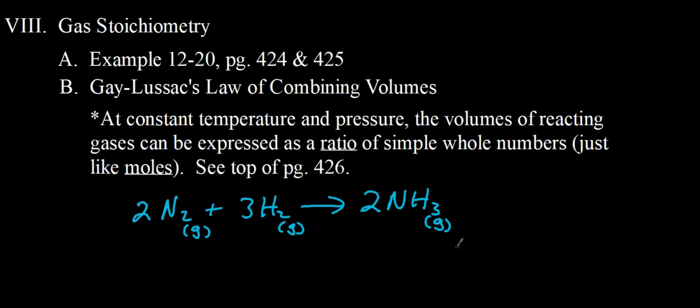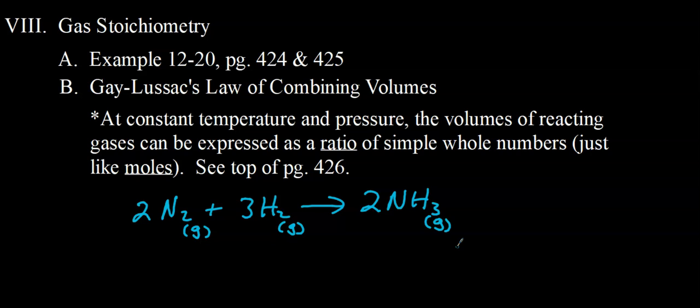If you're doing a stoichiometry problem and what you're comparing are both gases, then the coefficients in the chemical equation represent relative volumes. So for example, 2 liters of nitrogen react with 3 liters of hydrogen to produce 2 liters of ammonia.